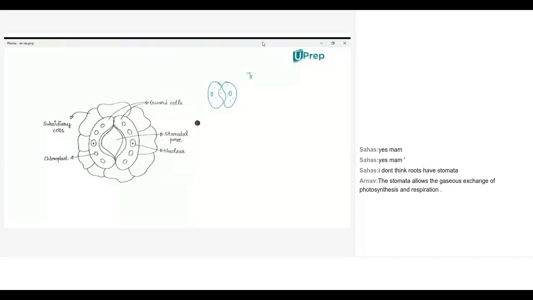Suppose by transpiration, water is lost from the leaves. When water gets lost from the leaves, these guard cells around the stoma, around the opening, will become like this.